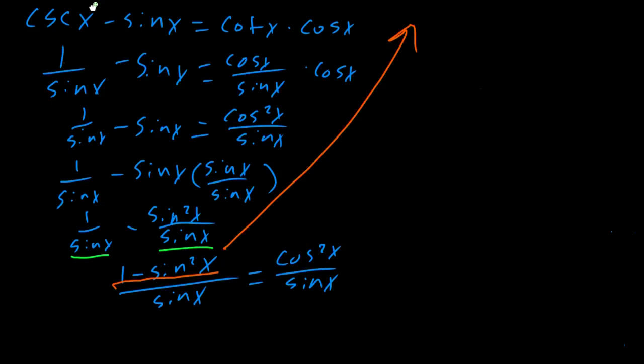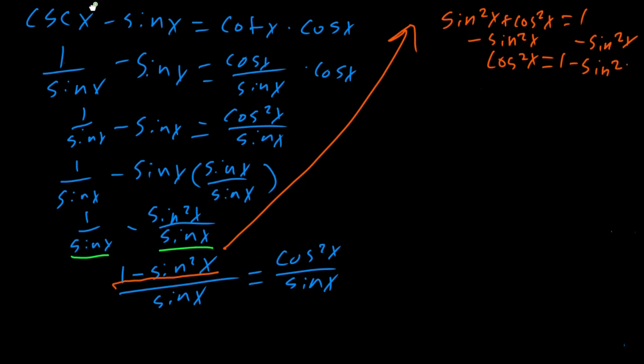So recall that sine squared of x plus cosine squared of x is equal to 1. Then we can subtract sine squared of x from both sides to get cosine squared of x is equal to 1 minus sine squared of x.